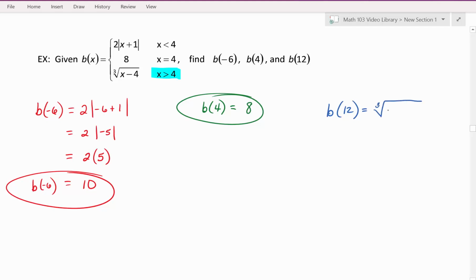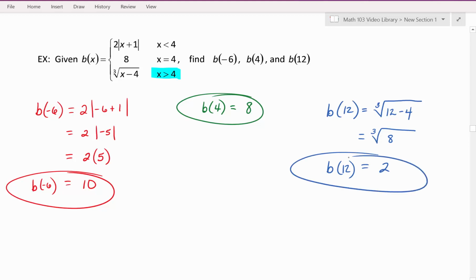That'll be the cube root of 12 minus 4. That's the cube root of 8. And we know the cube root of 8, that's a perfect cube. We get just 2. So b of 12 is equal to 2.